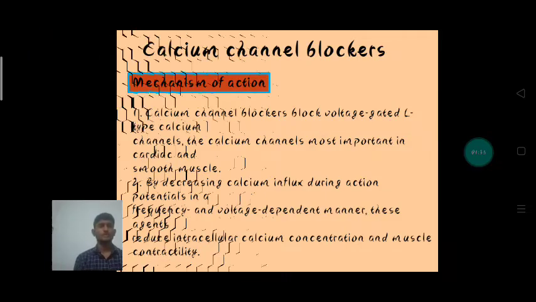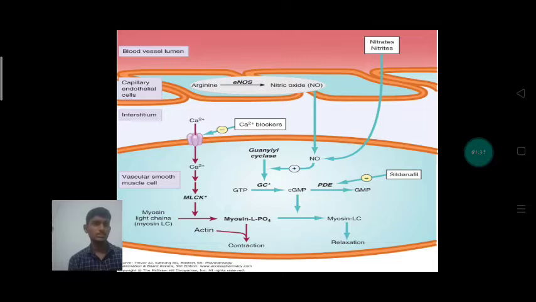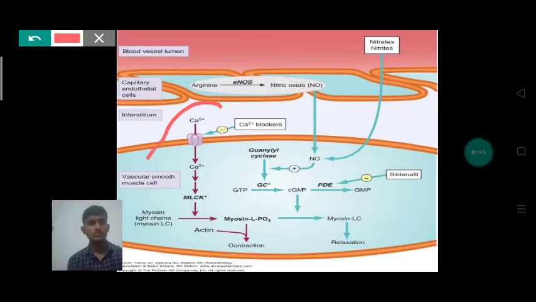The mechanism of action can be seen in this diagrammatic form, so it can be easily understood. Here we see how the muscle contracts. There are many mechanisms of action of other drugs, but we are mainly looking at calcium channel blockers. Here calcium enters through the calcium channel.